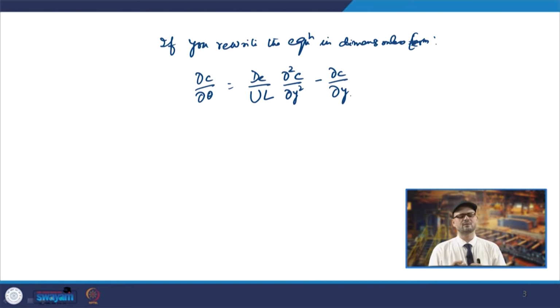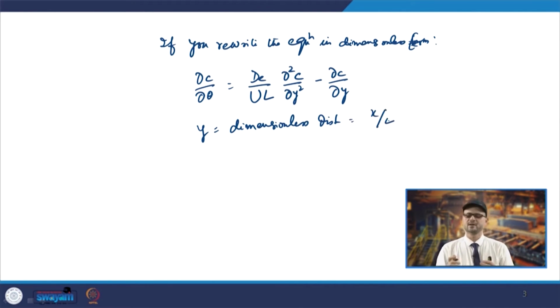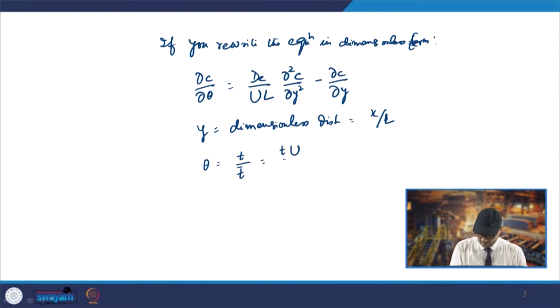Here you have non-dimensionalized: y is the dimensionless distance, equal to x by L, so you have divided x by the vessel length, and theta is t upon t bar, that is t times U by L. This way you have the equation in non-dimensional form.